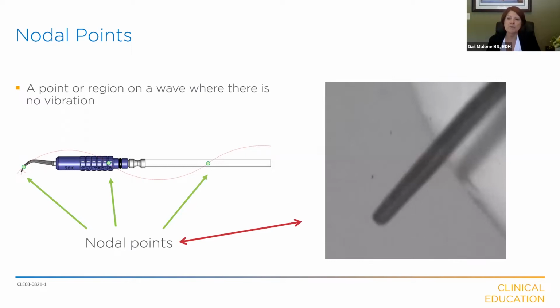Approximately 4 millimeters from the end of the tip is the last nodal point. Beyond that nodal point is the active area of the insert, the only part that is actually moving or vibrating. It's the working end of the insert that comes in contact with the tooth surfaces during our debridement procedures. This next video with Ken is a great visual for helping us to understand what those nodal points are.